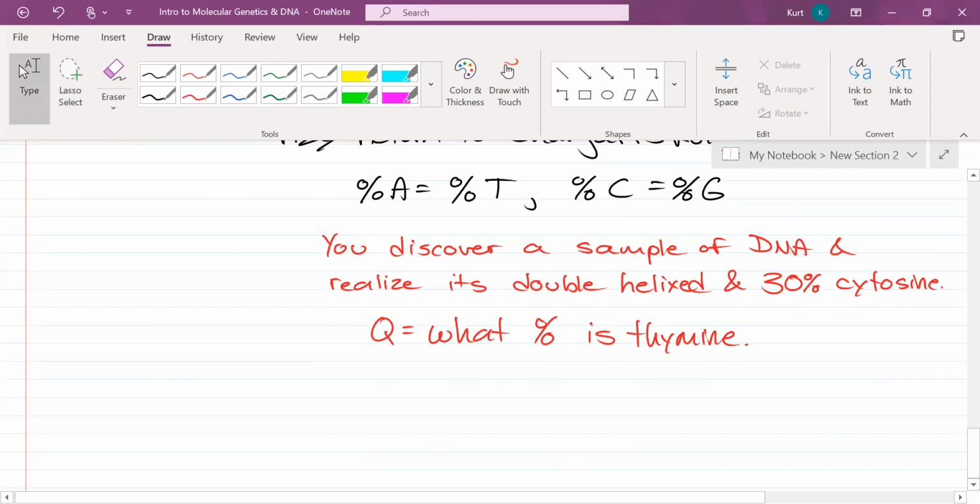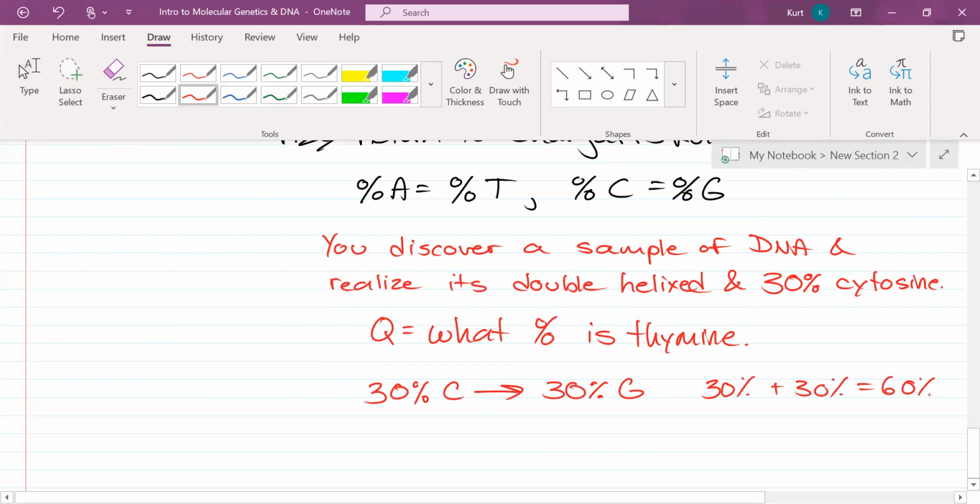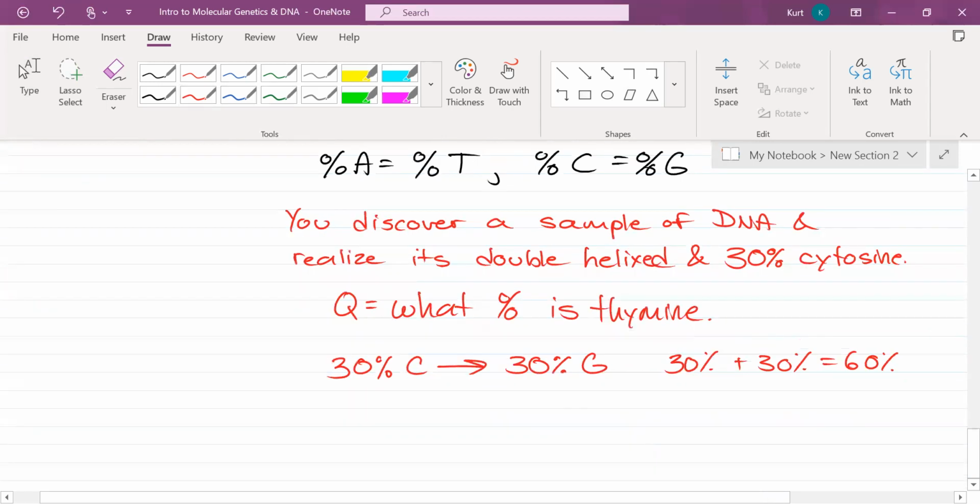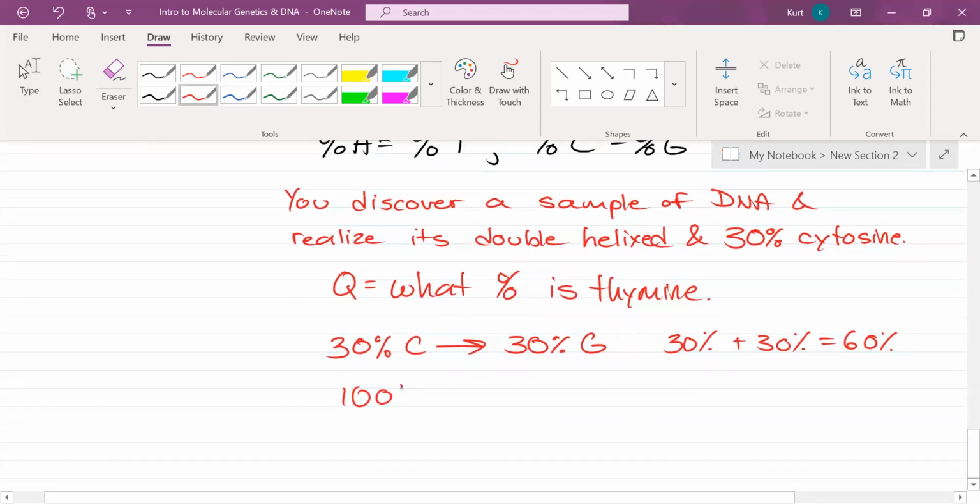Well, you all should know that percentage is equal to 100%. According to Chargaff's Rule, in double-stranded DNA, if there's 30% cytosine, that means that there's 30% guanine. Period. 30% plus 30% equals 60%. 100% minus 60% equals 40%.